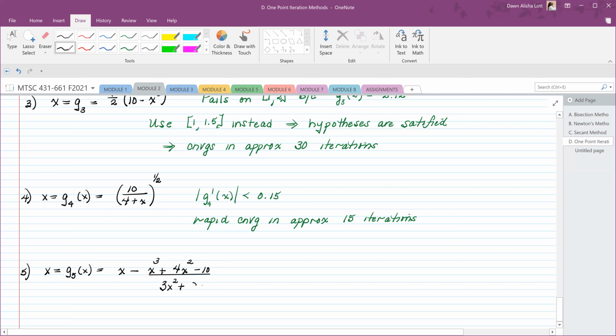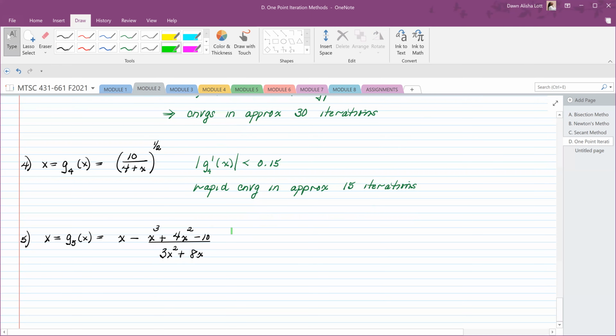And you should recognize this one as Newton's method. This has the fastest convergence. Approximately 4 iterations.